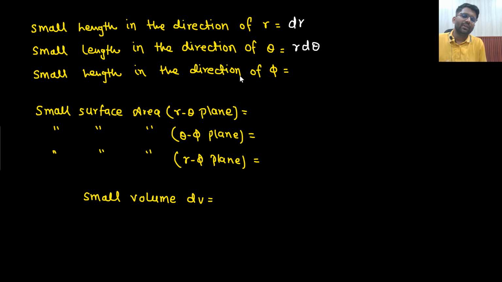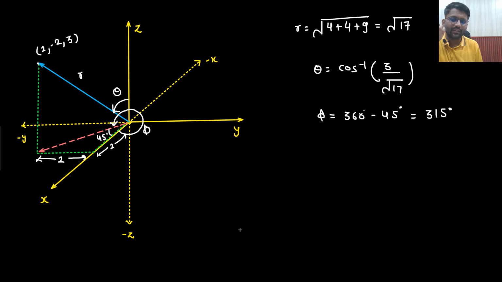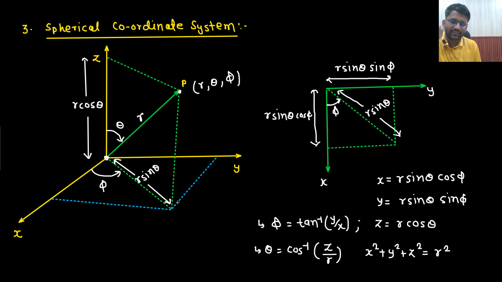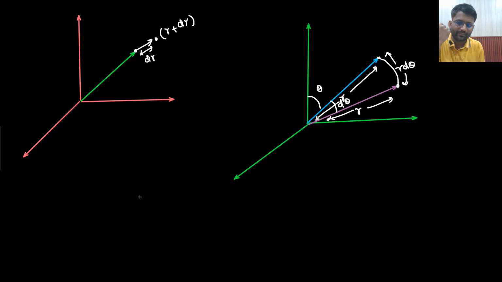How much will be moving in the direction of phi? Where is phi? Phi is there in the xy plane. You see the structure. So let's make the xy plane only.